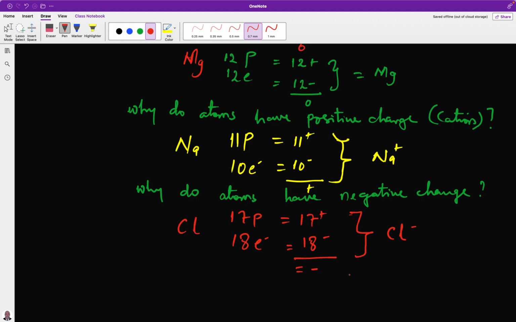So you can carry out many more examples of why atoms have positive charge and form cations, why atoms have negative charge and form anions, or why atoms are neutral. These are all the simple reasons.